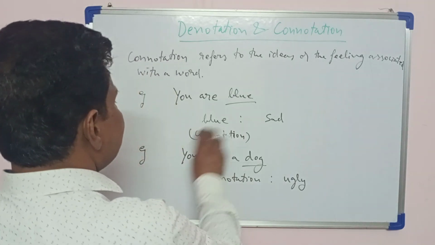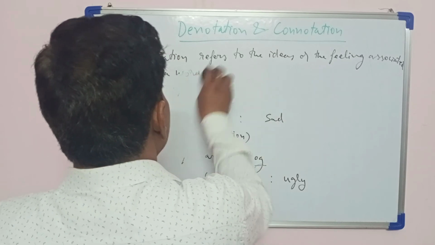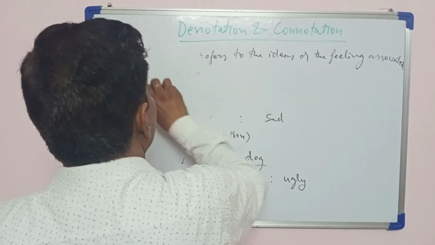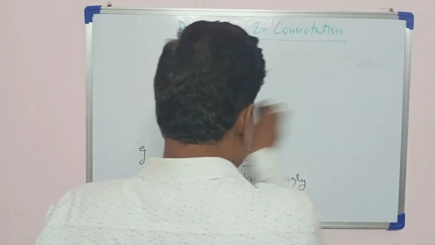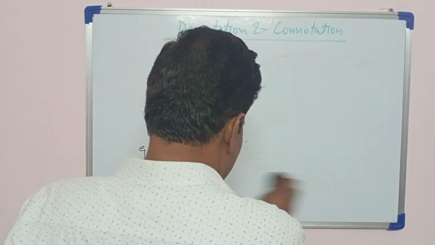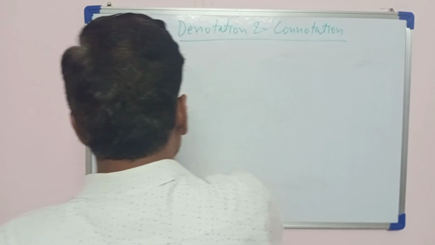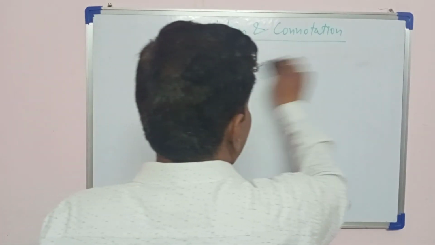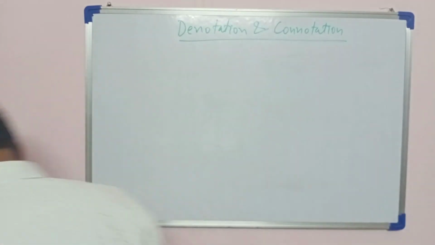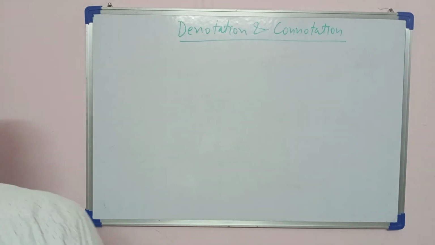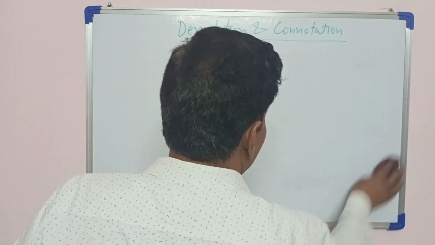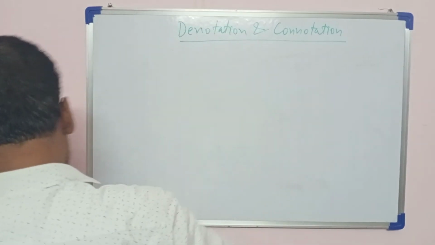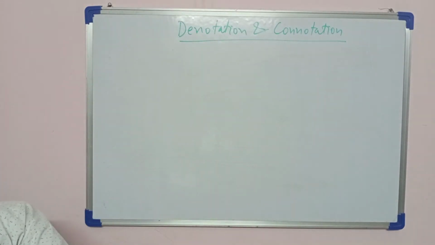Ideas or the feelings may be positive, they may be negative, they may be neutral. So let's see how it happens through examples. Extended meaning may be positive, negative, or neutral.